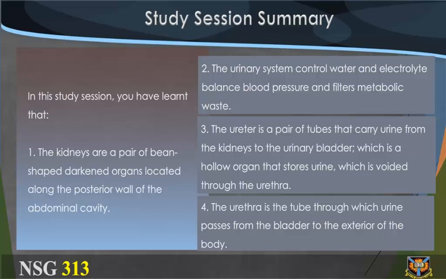The ureters are a pair of tubes that carry urine from the kidney to the urinary bladder, which is a hollow organ that stores urine, which is voided through the urethra. 4. The urethra is the tube through which urine passes from the bladder to the exterior of the body.